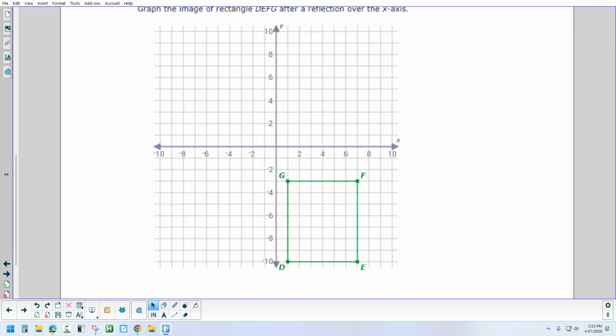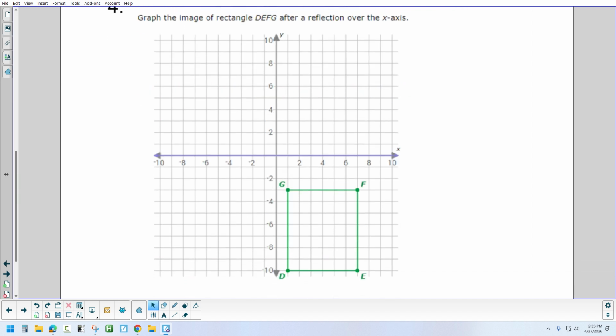Okay, so anytime you want to flip something, you have to measure how many units away it is from that line, and then do that number of units in the opposite direction. Okay, so let's pick a letter. Caleb, what letter do you want to start with? E. All right. How many units is E away from the line that we're reflecting over? 8.